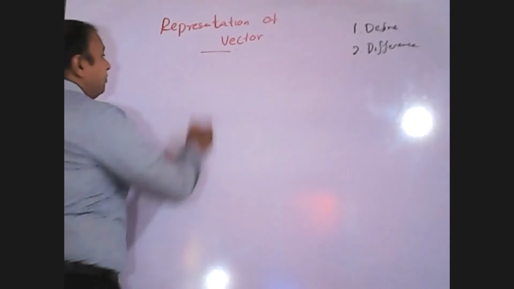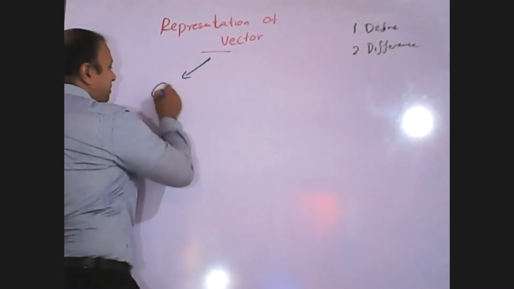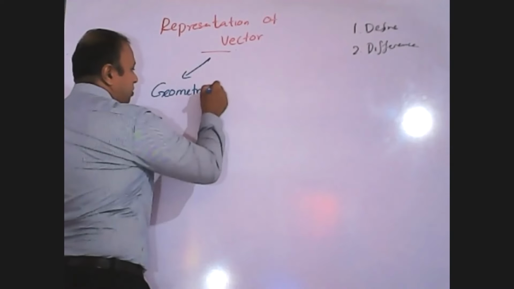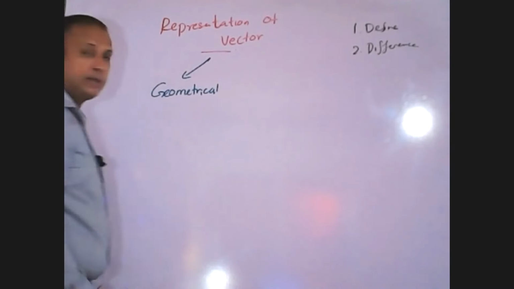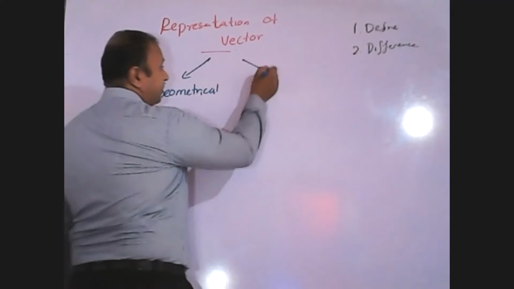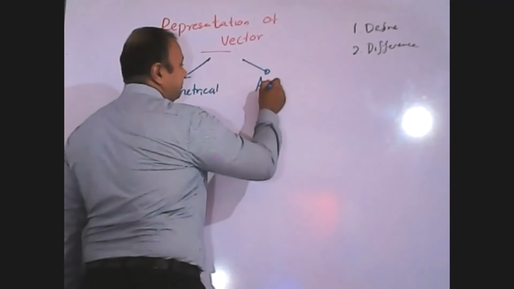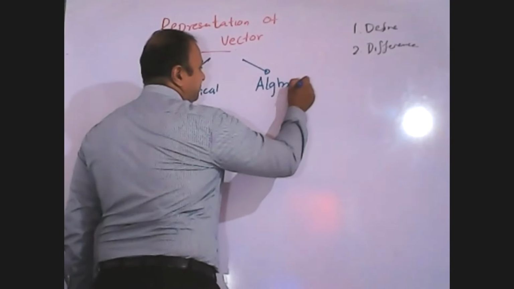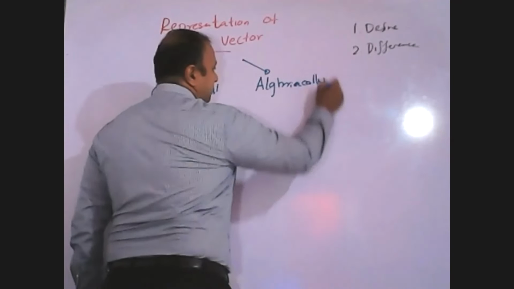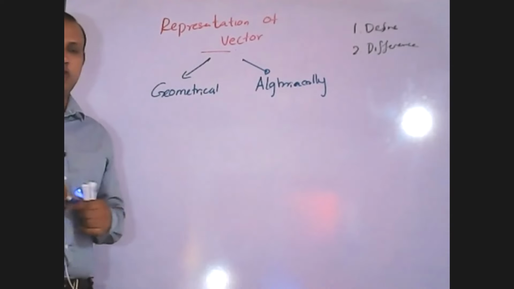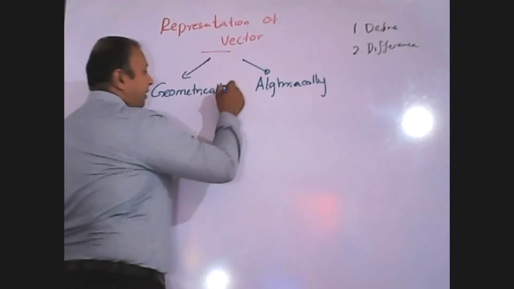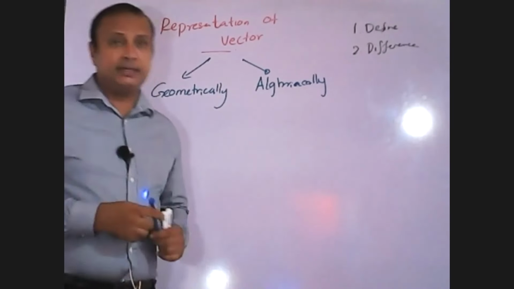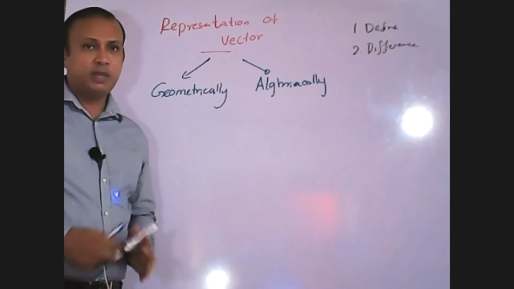The first is geometrical representation. The second is algebraic representation. Those are the two methods of representation of vector.